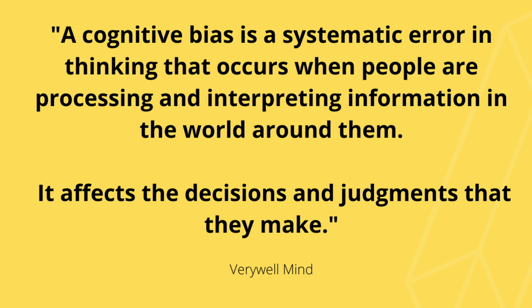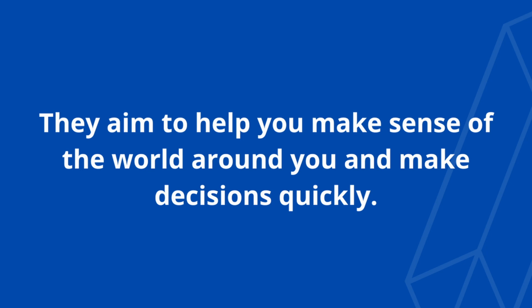And cognitive biases result from your brain's attempt to simplify its information processing. Often, these biases work as a rule of thumb to help you make sense of the world around you, and to help you reach decisions in a relatively efficient manner.